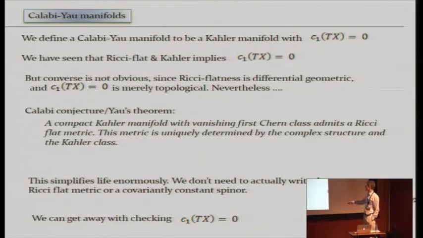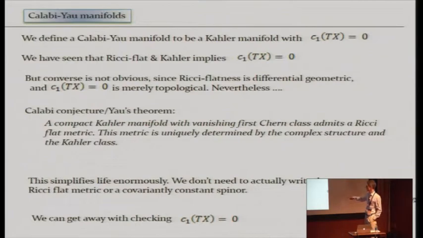So this simplifies life enormously. Finding an explicit metric and showing that it's Ricci-flat is an impossible task. But we don't need to. You merely need to check that the manifold is Kähler and that we have this topological condition, that the first Chern class vanishes.